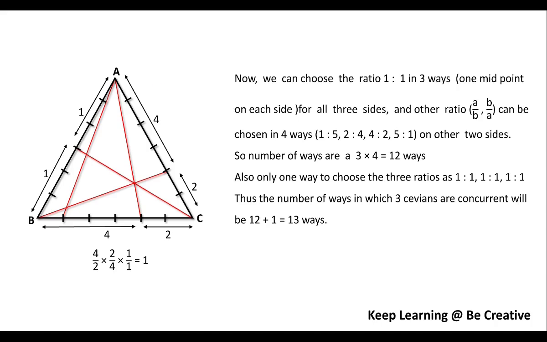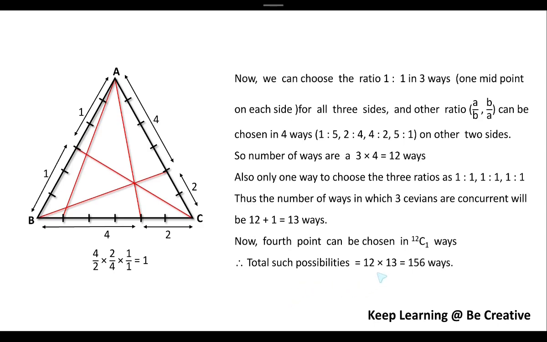So we have 12 options for the 4th cevian, that is 12 C1 ways, which comes out to be 12 only. So the total possibilities will be 12 into 13, where 13 is the number of ways for the concurrency of the 3 cevians and 12 is the number of ways of selecting the 4th cevian. So the total number of cases comes out to be 156.